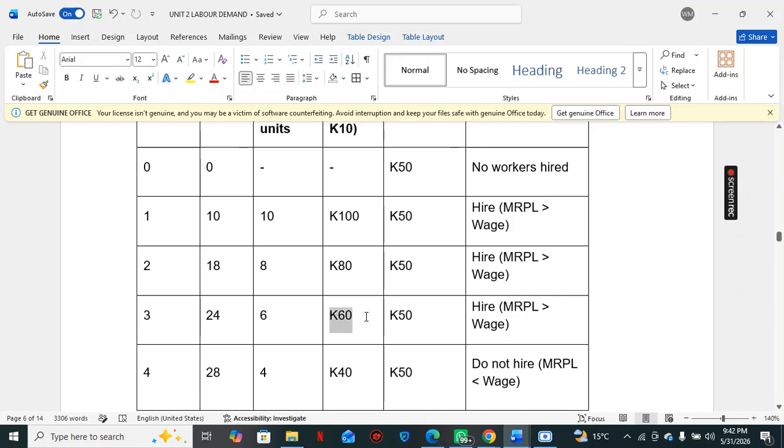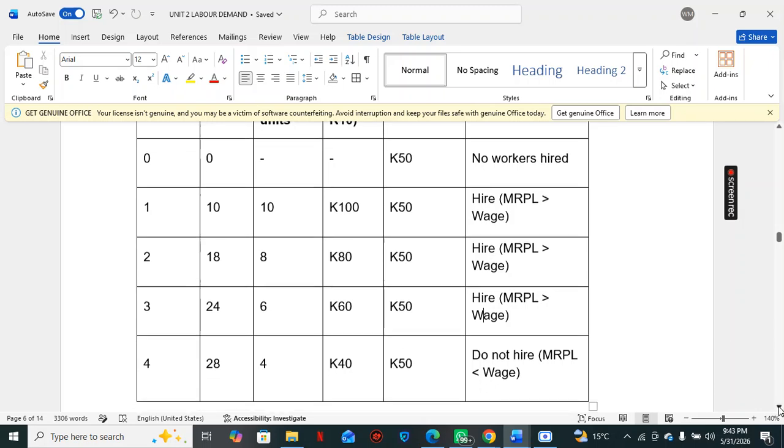This extra revenue this worker is bringing is greater than the wage they're going to be paid, so you can still hire. You continue until the point where the marginal revenue product, MRP, equals the wage rate. That's where you stop.